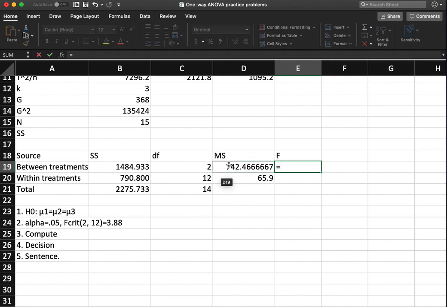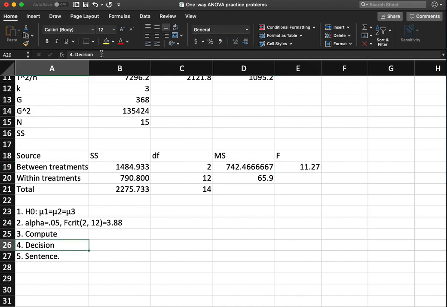Now we can get our F, mean square between treatments divided by mean square within treatments, 11.27. And that's beyond our critical value of 3.88, and so we'll make our decision to reject the null hypothesis. And what can we conclude from that?